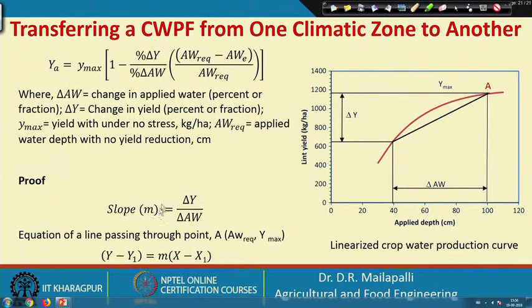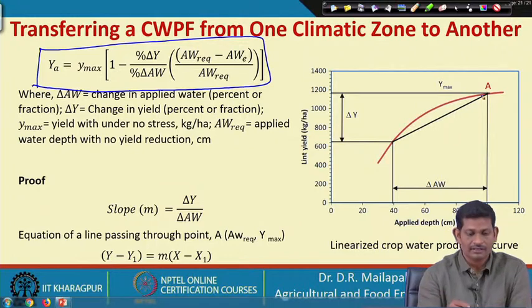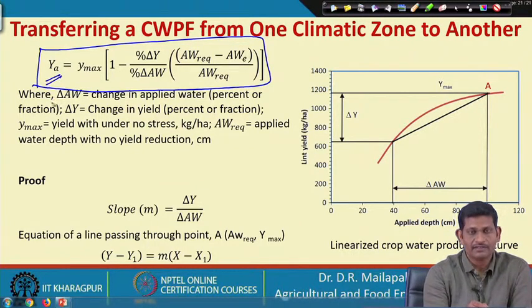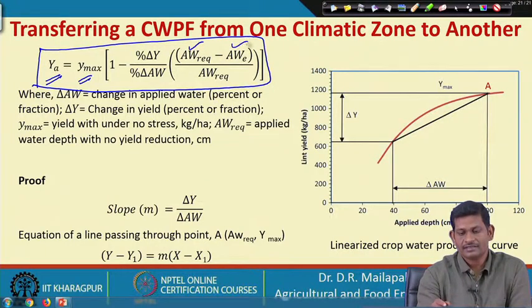Finally you get the equation of the linearized curve, the equation of the line equivalent to the curve, where Ya is the actual yield, Ymax is the maximum yield, and delta Y and delta AW are the differences in yields as well as water applied, and AW required is experimentally determined.